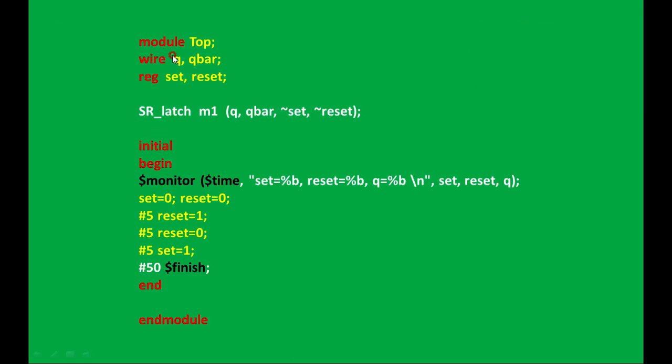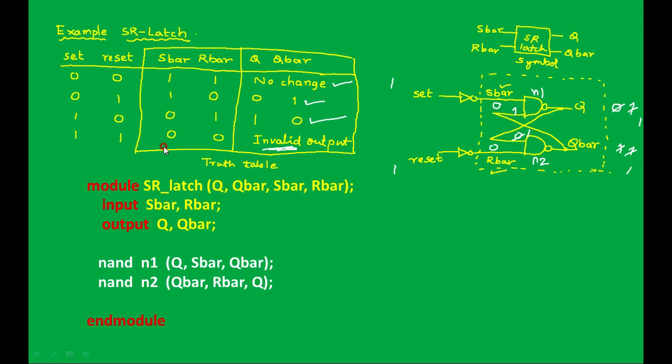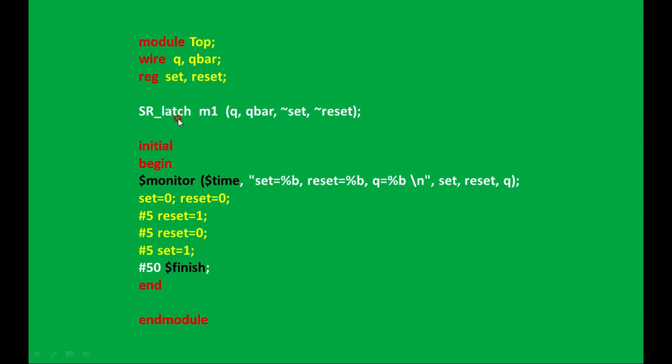a top level code where the SR latch, the previously developed code with module name SR underscore latch, is used. This SR underscore latch with the instance name M1 is acting as a component in a top level module, top. This module top is nothing but a stimulus block or a test bench written for the SR latch. Here you are supplying values for set and reset.